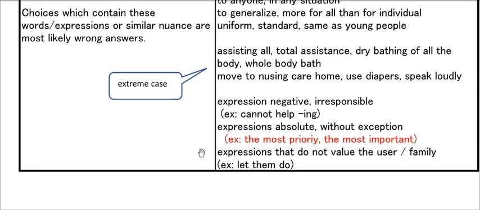The most is no good. Wrong answer. Expressions that do not value the user, family, of course, no good. Such as let them do instead of caregiver is doing, no?